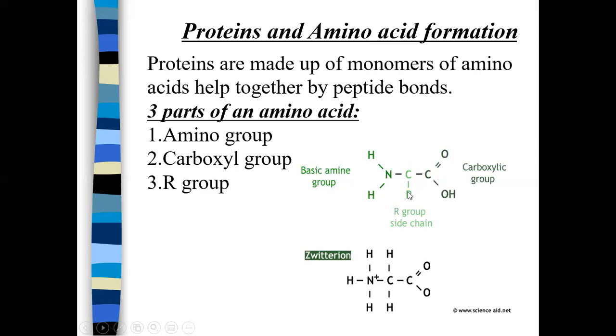R may be a variable group, maybe hydrogen, or maybe another atom as well. This amino acid is basic in nature, which means it can accept a proton. There is a lone pair on the nitrogen atom, so it donates its lone pair to the electron deficient proton, and a Zwitter ion is produced.